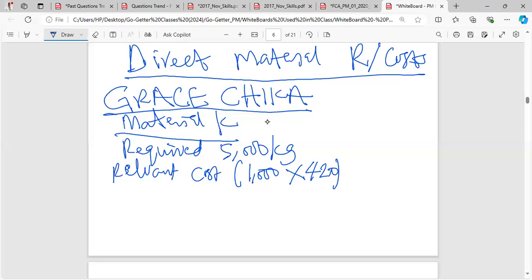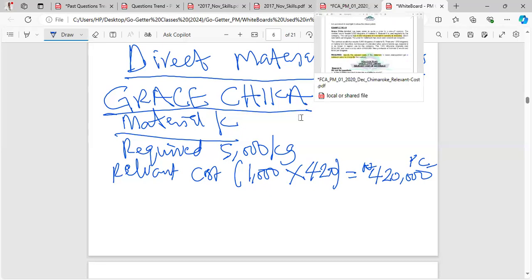So that will give us 420,000. So this is what we call purchase costs. So we need to buy 1,000 kilogram, purchase them so that we'll make up the 5,000. Okay.